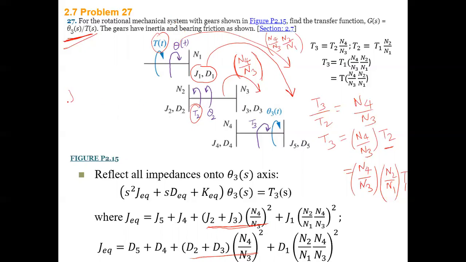So how does my J1 change? How does it change now? Help me here. Guys, I'm lost. I need your help. Please.